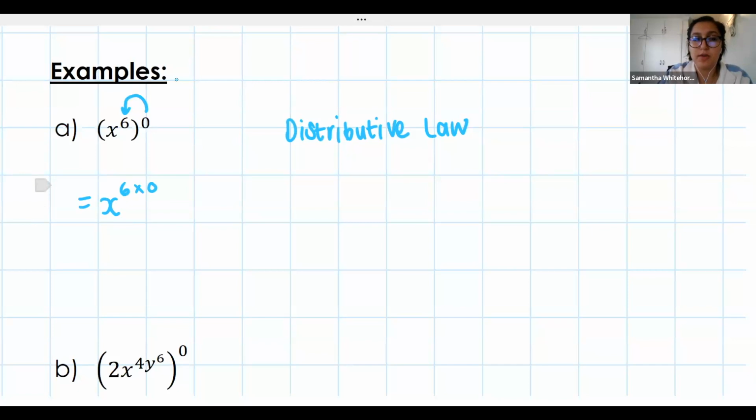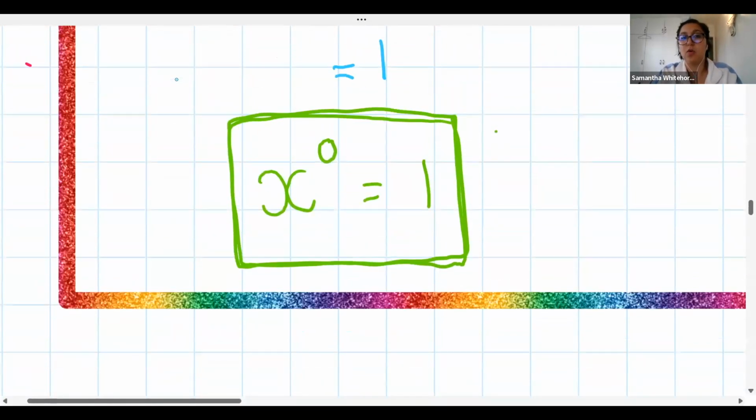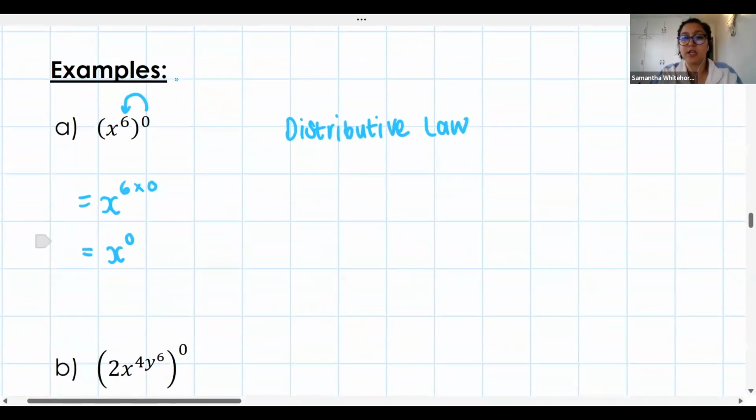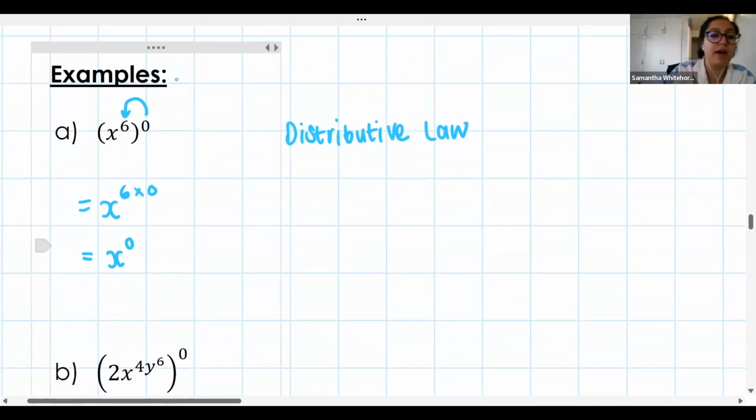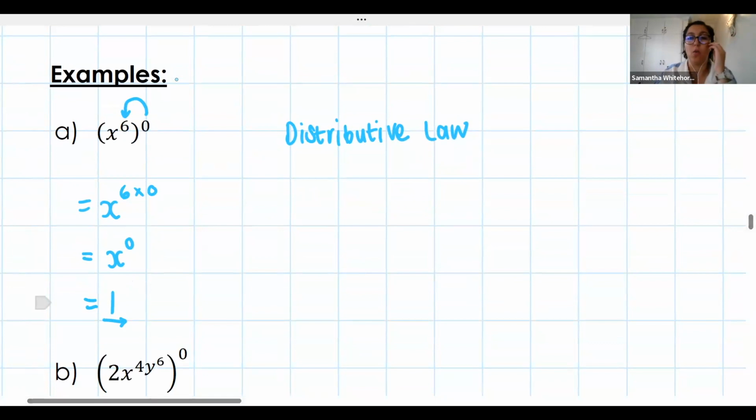But we know that 0 times anything is 0. And so what I actually have here is x to the power 0. X to the power of 0 is not as simple as it can get. We know, because we've looked at our law, that x to the power of 0 is actually 1. And so our final simplified answer here is just 1.